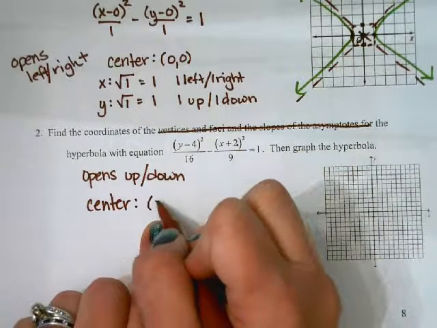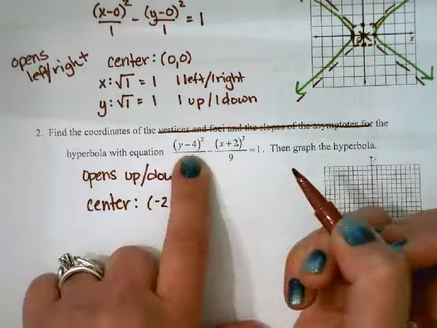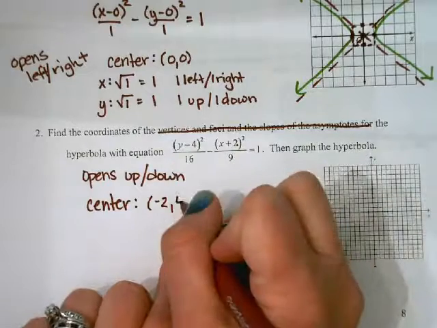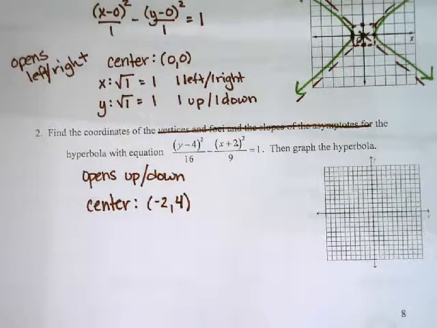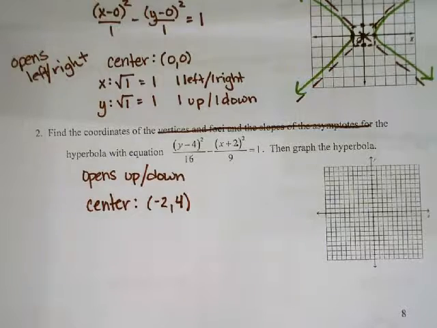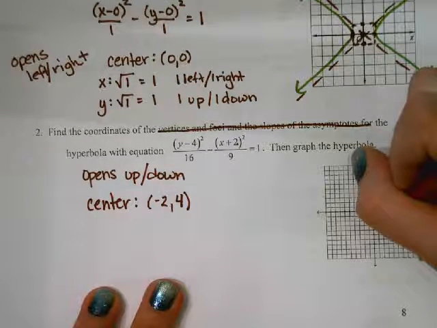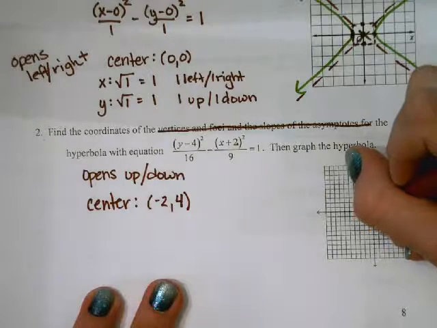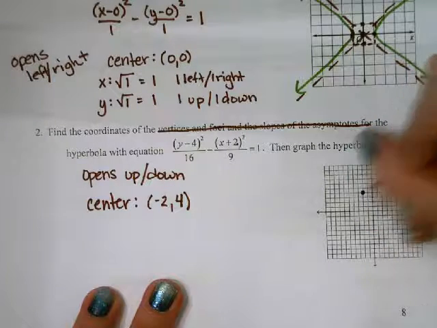So it would be -2, +4. Okay. -2. 1, 2, +4. 1, 2, 3, 4.